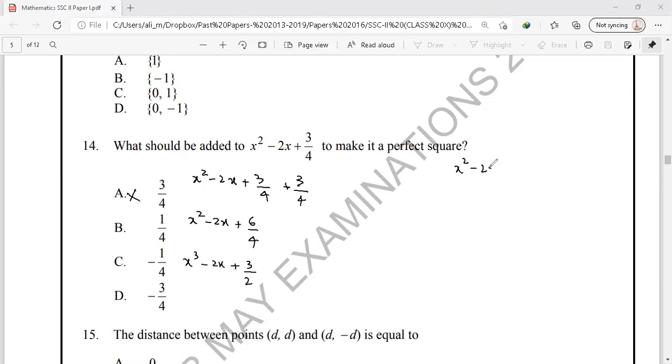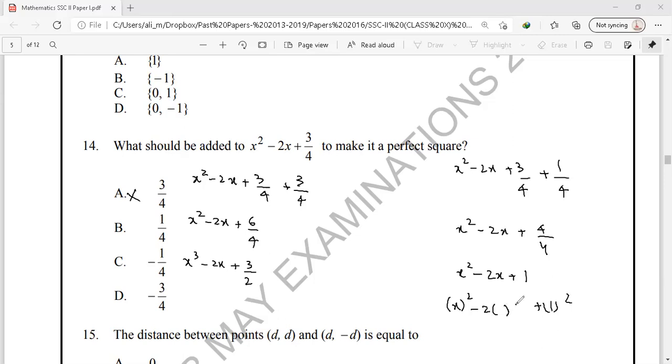Let's check option B, that is 1 over 4. If we add 1 over 4, we will get x square minus 2x plus 4 over 4, and x square minus 2x plus 1 would be the remaining expression. So let's check if this is the perfect square. We have x square and 1 square, and in the middle term we have minus 2ab.